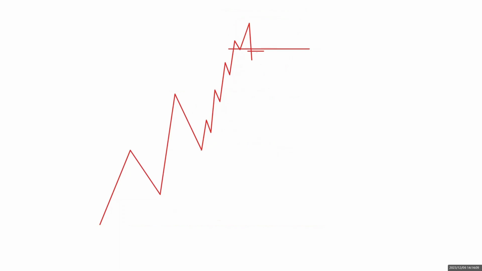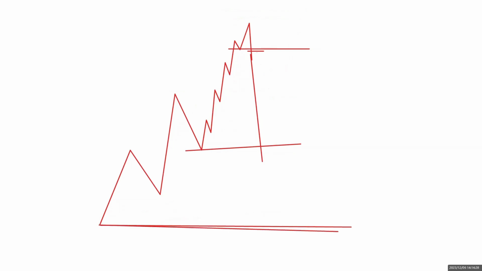Using this other 100.0 will be wrong because this fractal is not yet broken. By the time price comes and breaks this fractal here, price has broken the big fractal, the structure from this low to this high.